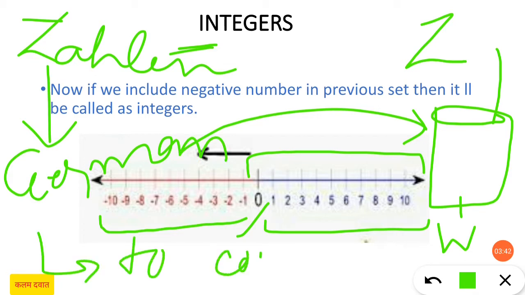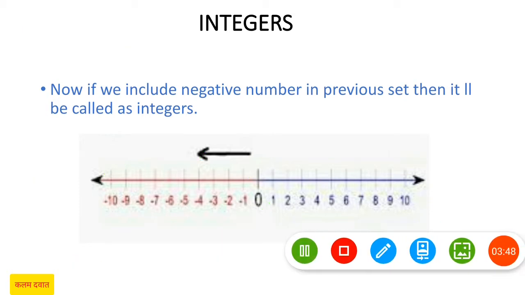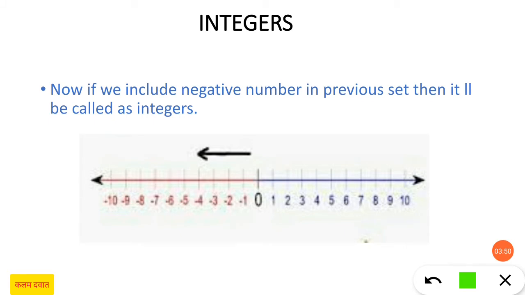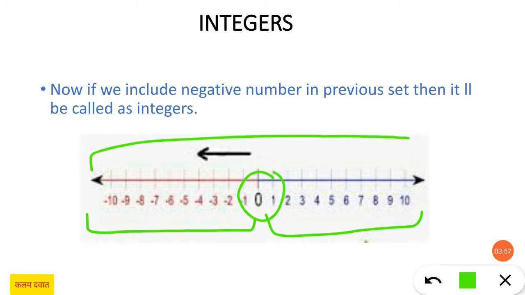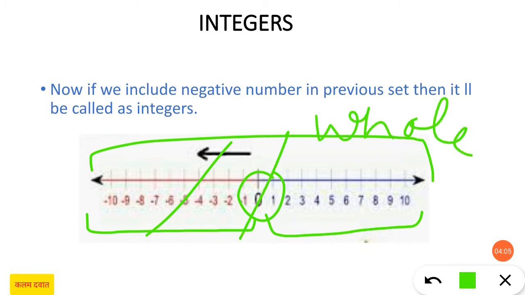So for integers we use Z, and see what they contain. Integers have negative numbers, positive numbers along with 0. All together they are called integers. But if we remove negative numbers, they will be called whole numbers, and if we remove 0 from them, they will be called natural numbers.